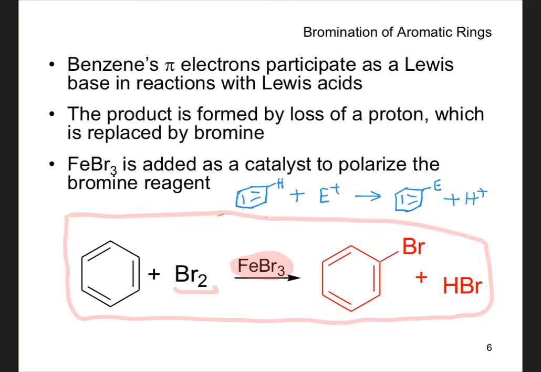So if I compare my generic reaction that I showed you to this bromination, what do you think this E plus would be? It's the E that ends up being on the benzene ring. So what do you think should be E plus? Absolutely, Br plus.